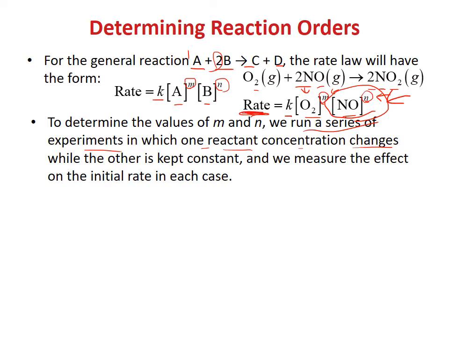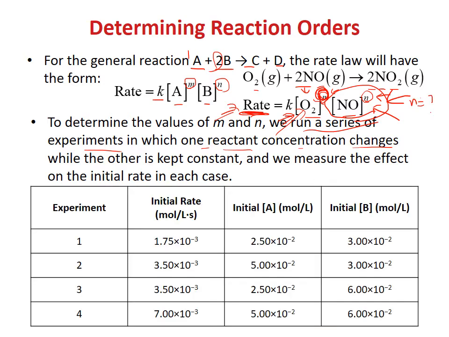How does the reaction rate change? From that we can find m. Then we keep the oxygen concentration constant, change NO, measure the reaction rate, and then we find n.